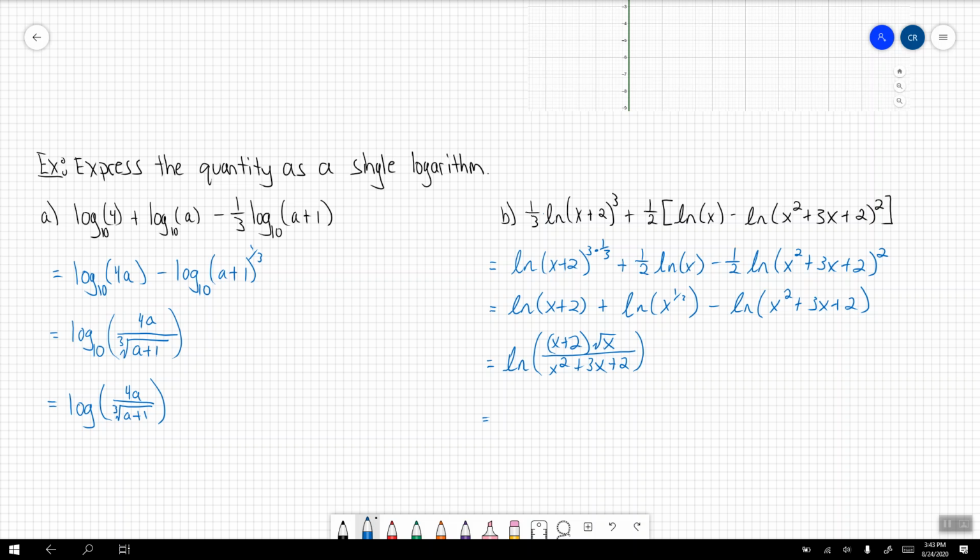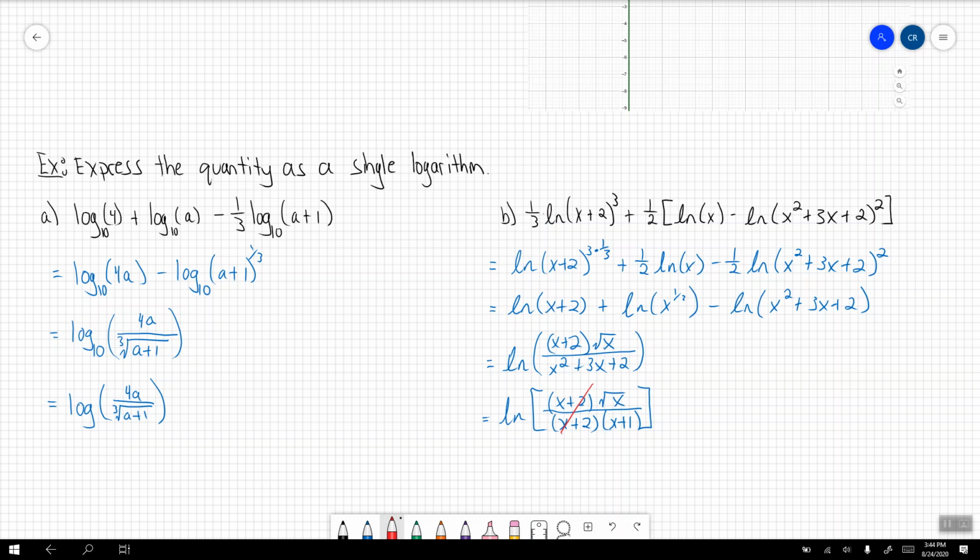If you can factor the argument, go ahead and do so. And that's what I want to do at this point in time, is I want to factor that denominator. Factoring that denominator now, numerator stays the same, but the denominator gets us x plus 2 times x plus 1. And notice what happens here.